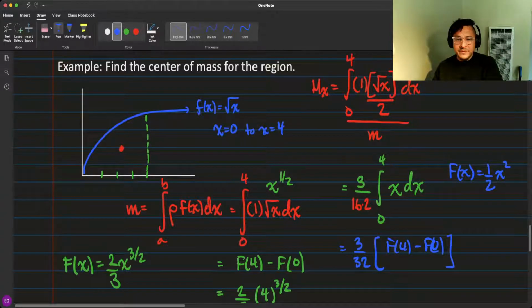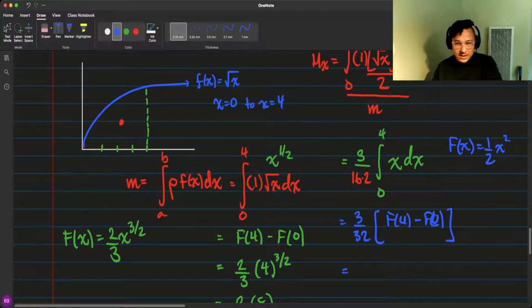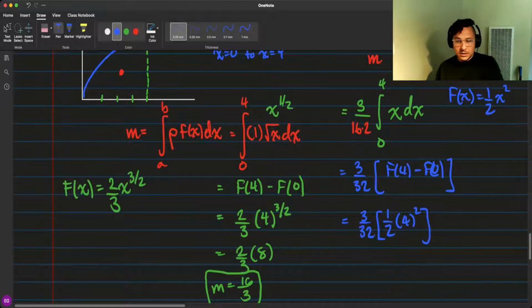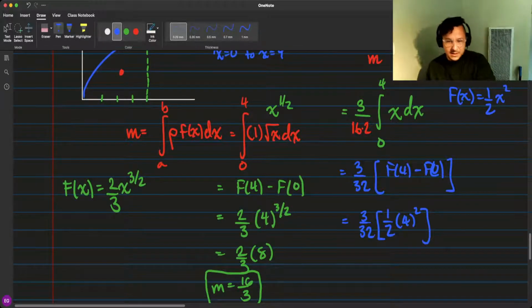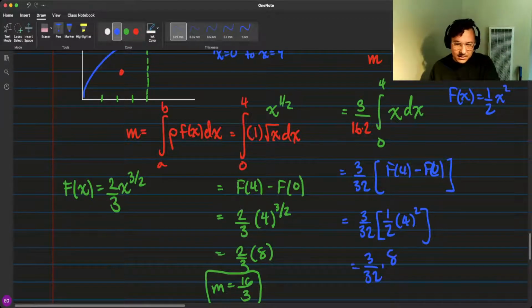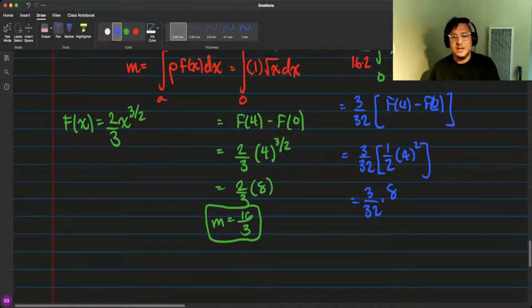The f of 0 is not going to affect anything, and f of 4 is 1/2 times 4 squared. 4 squared is 16, and 16 over 2 is 8. So you get 3 over 32 times 8. And what's 8 divided by 32? It's 1/4, so you're going to get 3/4.